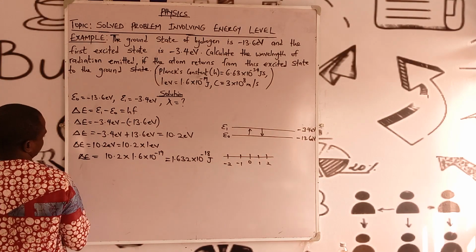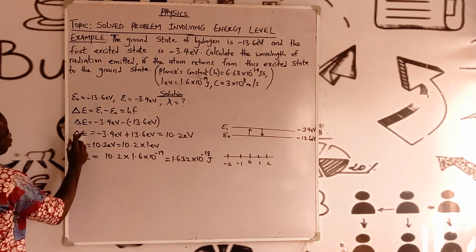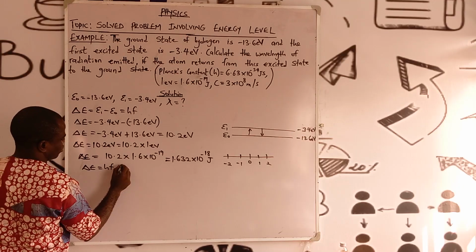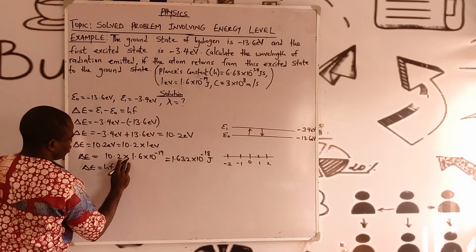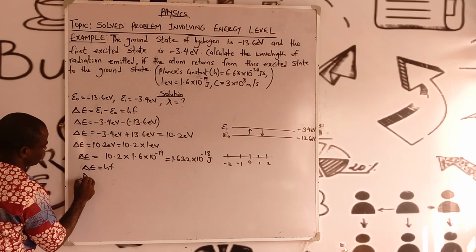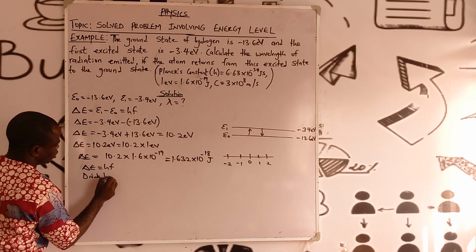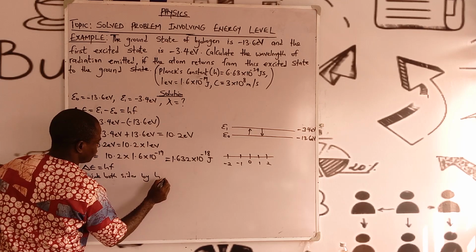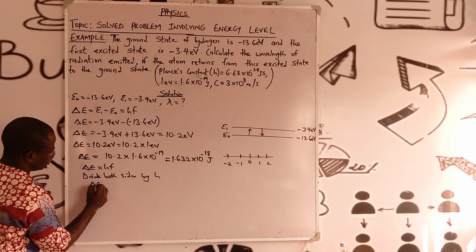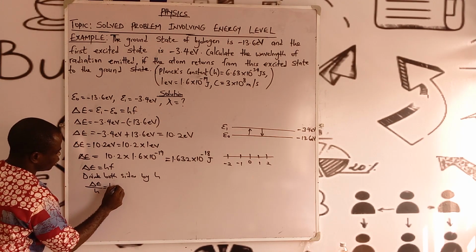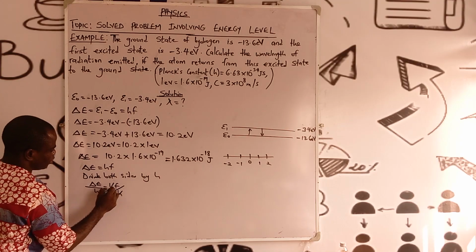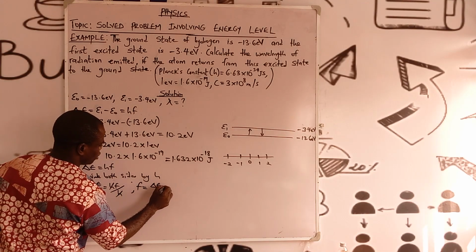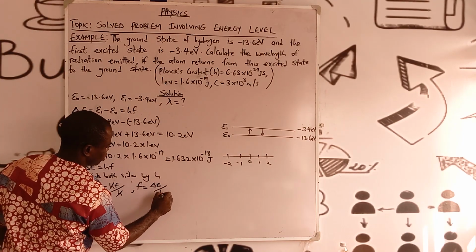Energy is in joules. Now let's go back to the formula. Change in energy equals hf. To find f, divide both sides by h. Change in energy over h equals hf over h. This cancels h. Our frequency equals change in energy over the Planck constant.